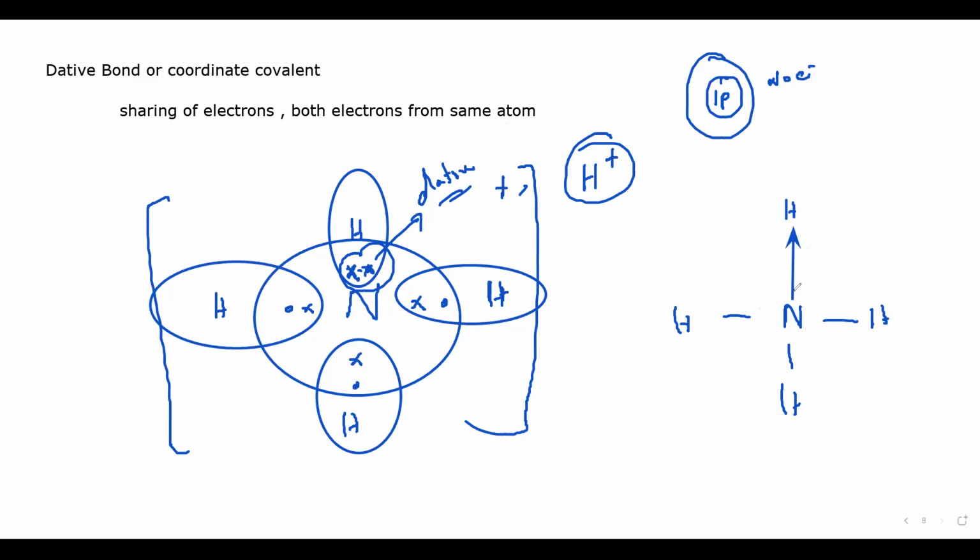From the element which is sharing both of the electrons, we draw an arrow to the one which is taking them. But still it is a sharing. It's not like the two electrons are transferred from nitrogen, and this will get a net charge of +1, or positive. So we call this an ammonium ion. Is it clear? The dative bond.